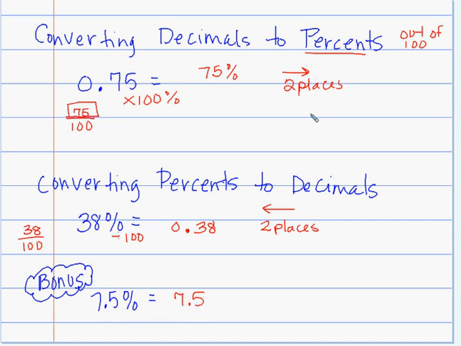So we have to do what we looked at up here, where if we go from percent to decimal, we really need to divide this number by 100. And with powers of 10, dividing by 100 moves the decimal 2 places to the left. So I would have 0.075. So 75 thousandths is the same as 7.5%.